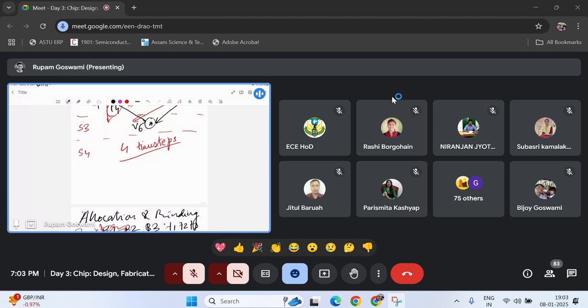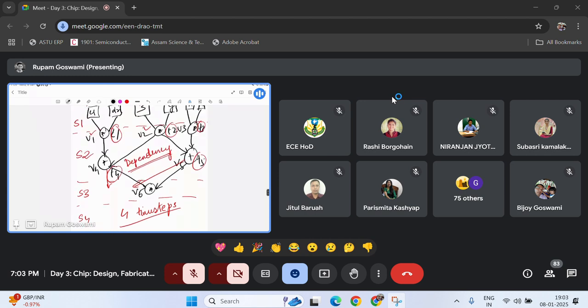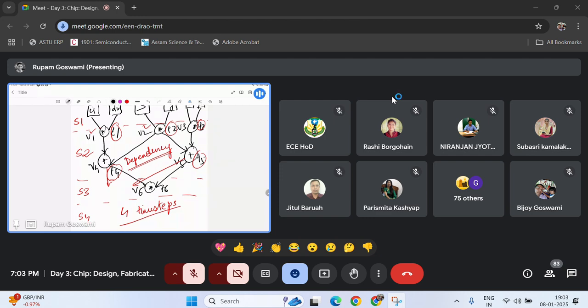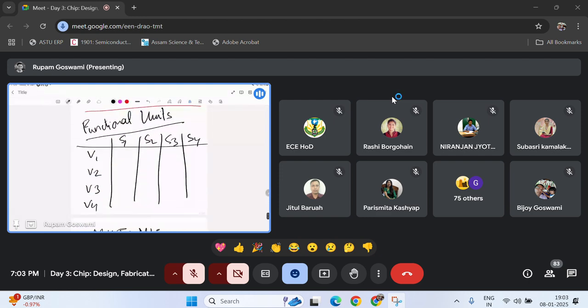Since this is a functional unit allocation, we will be talking about the different functions or the operations that we had encountered during this entire scheduling step from the detail graph. Therefore, the first column that we had in the register allocation step is going to change, and these time steps are going to change.